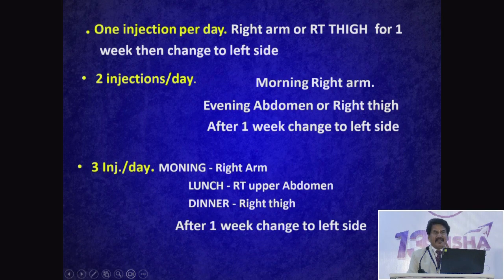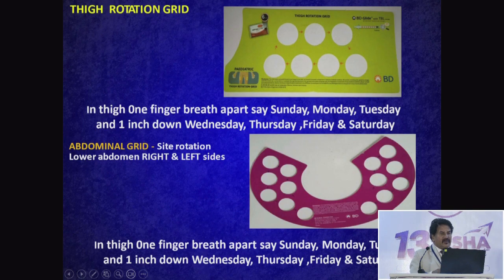If the patient is taking 2 injections per day, morning right arm, evening abdomen or right thigh. If the patient is taking 3 injections per day, morning right arm, lunch upper abdomen, dinner right thigh, for 1 week, then you can switch over. These are the grids available, thigh rotation grid and abdominal grid, which will help the patient give the injection 1 finger breadth apart.